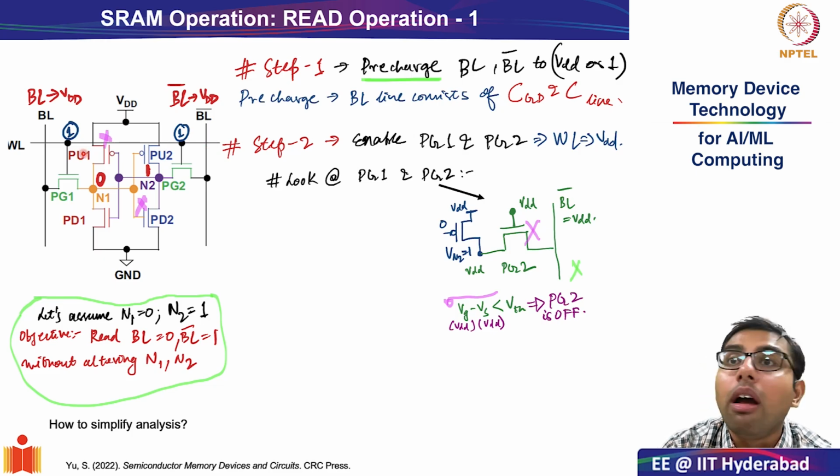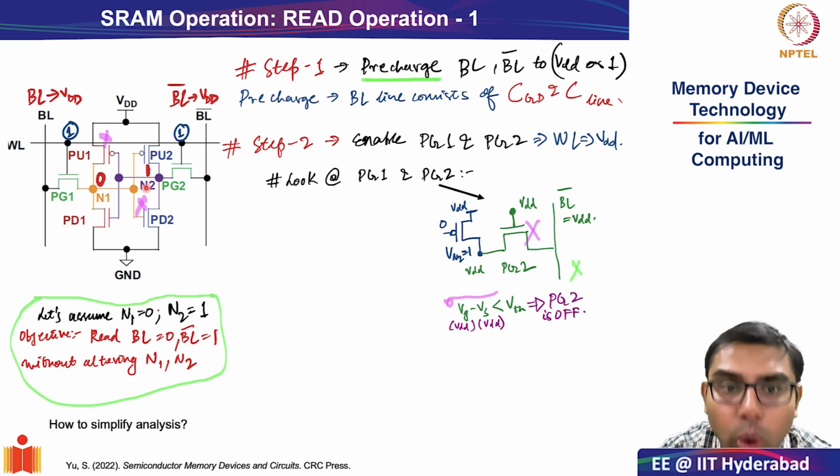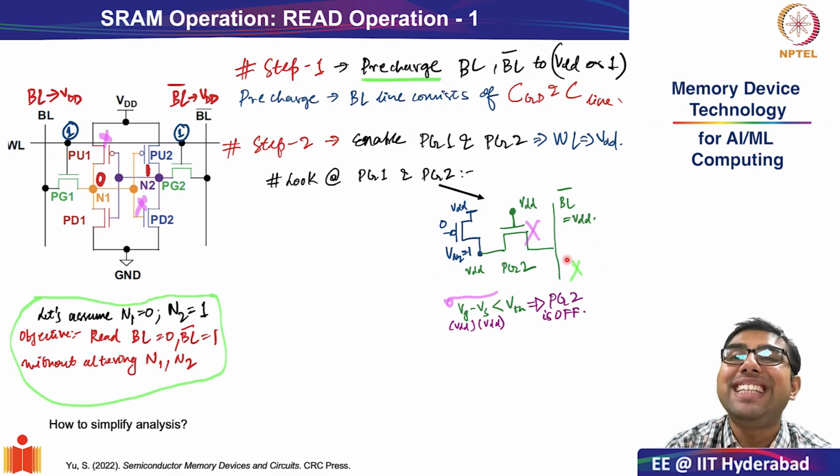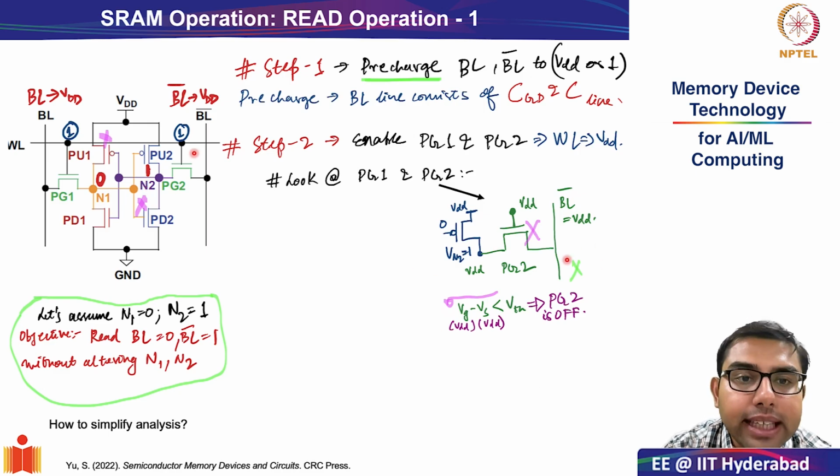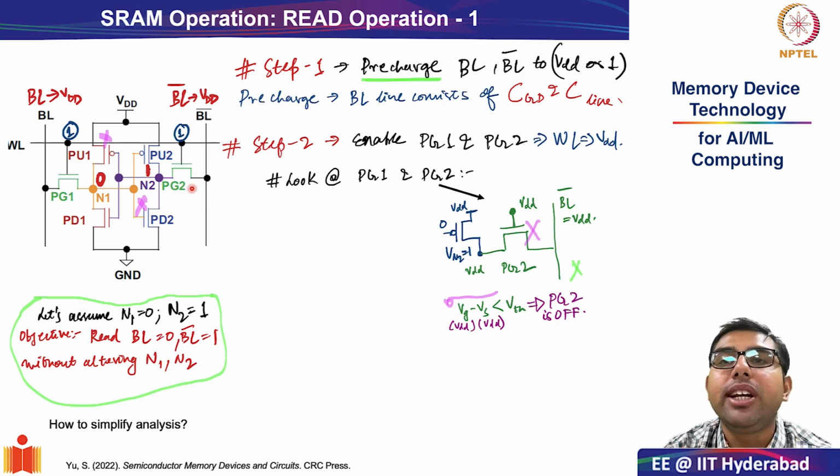First, we saw why PU1 and PD2 will not be operational because of the values at their inputs. Now, because of the condition VGS less than VTH, even the right hand side of the branch, which is PU2 and PG2, will not be operational.